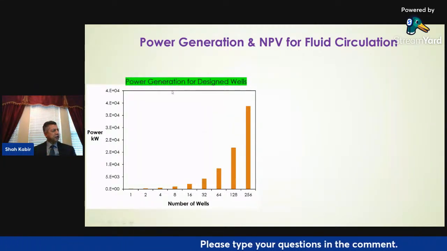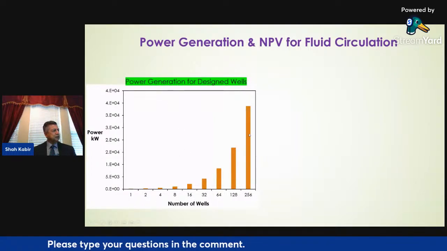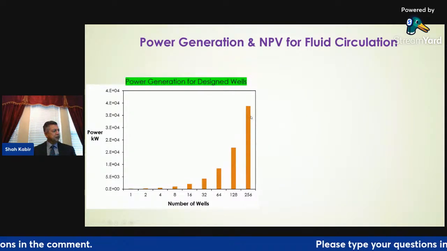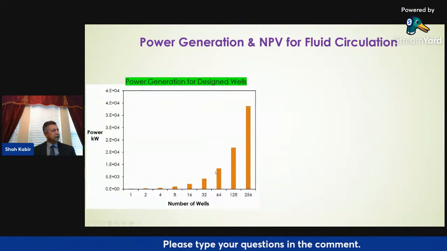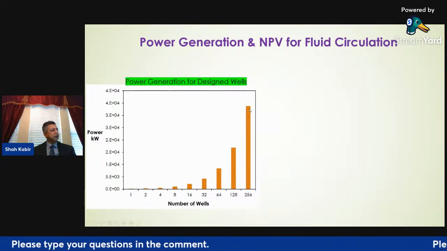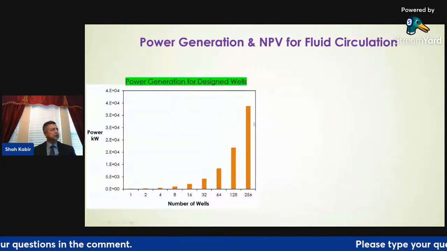So as you keep on increasing the number of wells, as you can see, it grows exponentially. If you have just one or two wells, that doesn't do you any good. But if you want to generate industrial scale power, then you have to drill many wells.